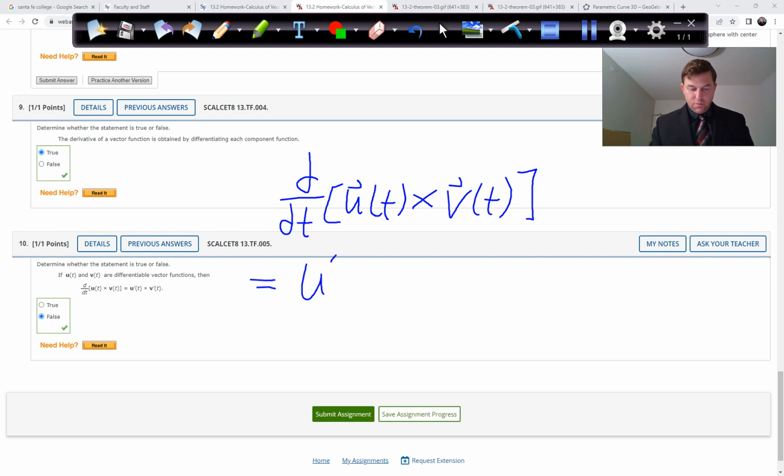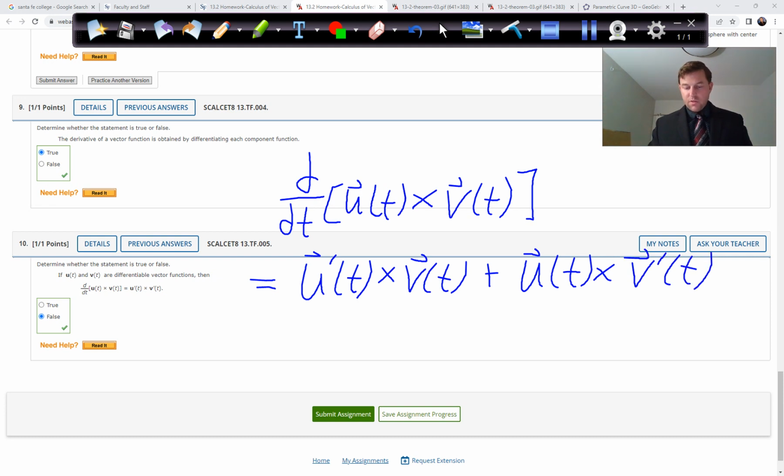It's equal to u'(t) crossed with the original v(t), no derivative, plus leave u alone this time, crossed with the derivative of v. So it's just like product rule. You have to do 2 of them, and in one case, the first one gets the derivative. In the second case, the second one gets the derivative. So this one's false. You can't just say it's the derivative of both crossed. Okay, and that will do it for section 13.2.